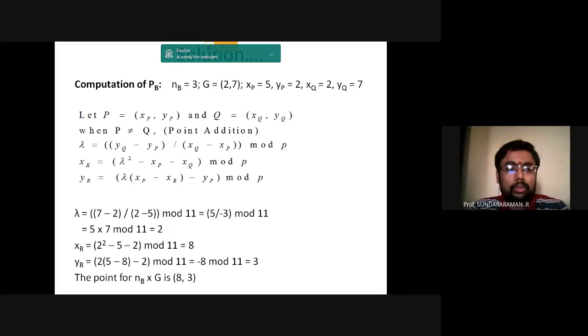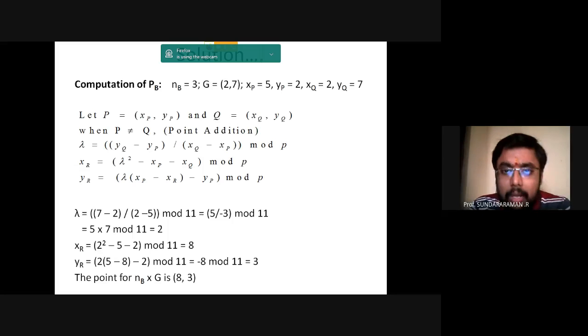So XR is equal to 2 square minus XP minus XQ. XP is 5, XQ is 2. So 2 square minus 5 minus 2, that is 4 minus 7. So minus 3 mod 11, that is equal to 8. And coming to YR, use the lambda: 2 into (XP minus XR).